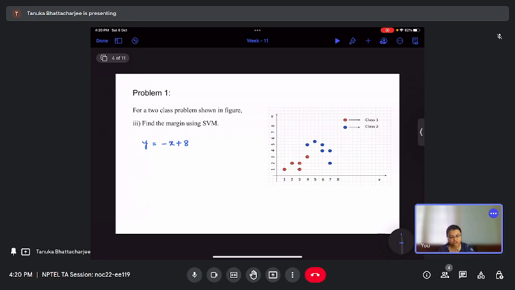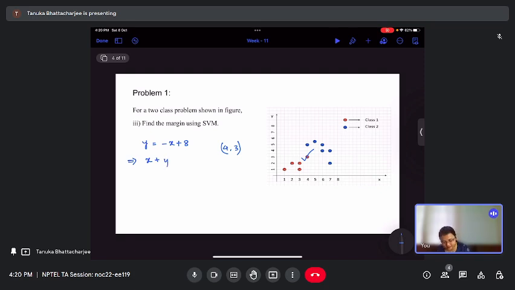Let us choose this point. We are taking this point. So, this is 4, 3. Now, we need to determine the distance of this point from the decision surface, or from the line y equal to minus x plus 8. For that, let us rearrange the equation and take all the terms on one side.